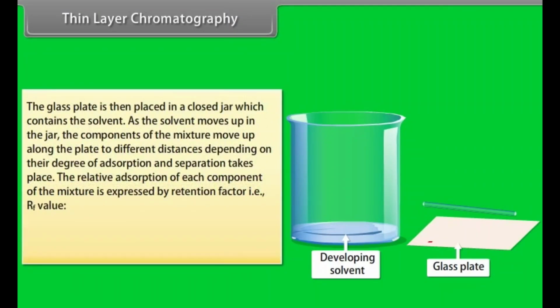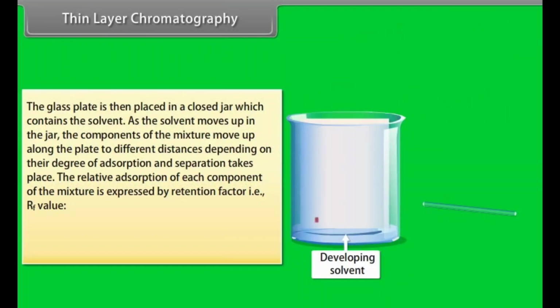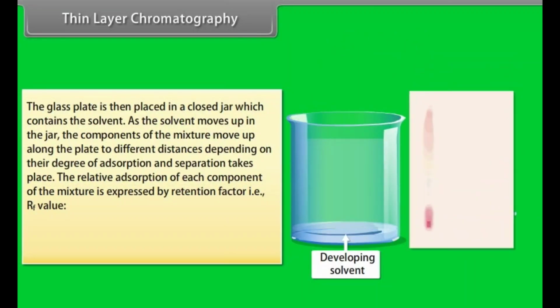The plate is then placed in a closed jar which contains the solvent. As the solvent moves up in the jar, the components of the mixture move up along the plate to different distances depending on their degree of adsorption, and separation takes place.